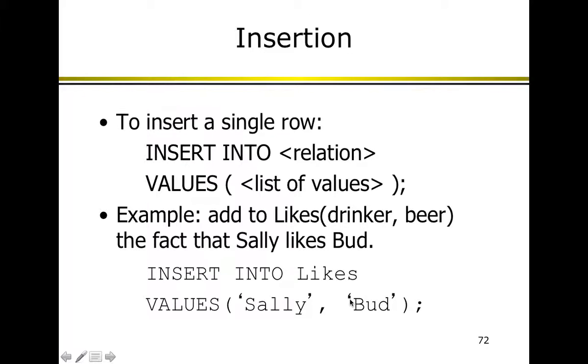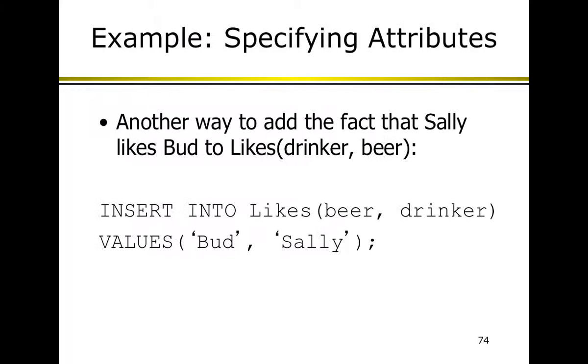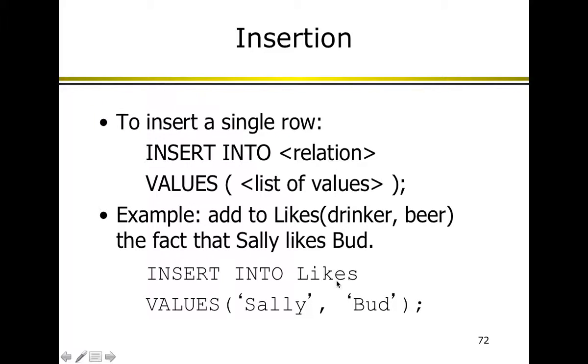Yeah? You don't need to, they don't need quotes, no. They end up like that, but the values do need a quote, which is weird. Because these are the two columns that we're going to insert into. This is a more reliable query. It does the same thing as this one when we just leave out the attributes.